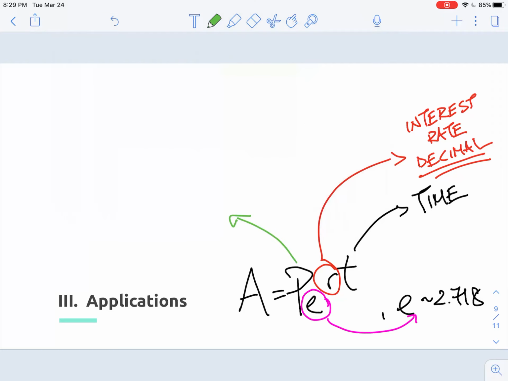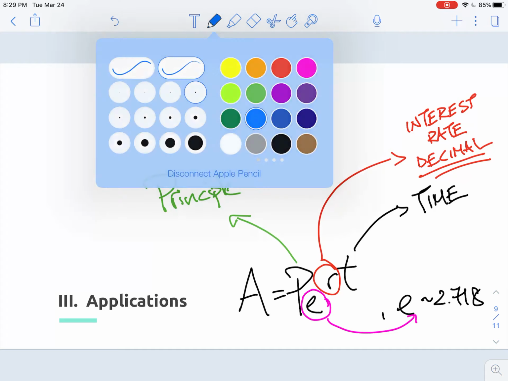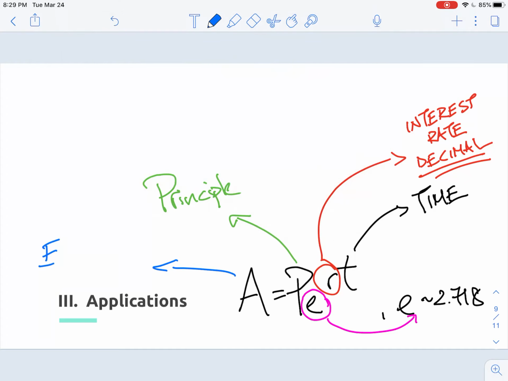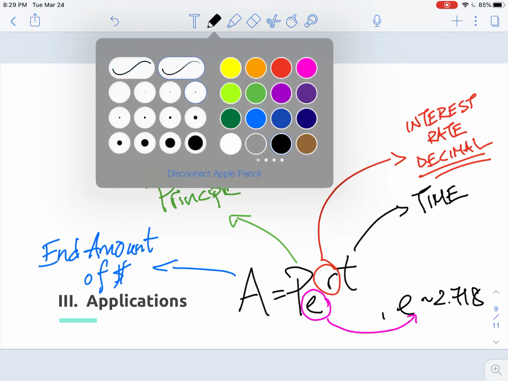The principal is what this P stands for. Principal meaning your starting amount of money, not like principal and vice principal of a school. So this is your initial amount of money. And last but not least, our A stands for our end amount of money. So A equals P e to the RT. Let's take a look at two examples.